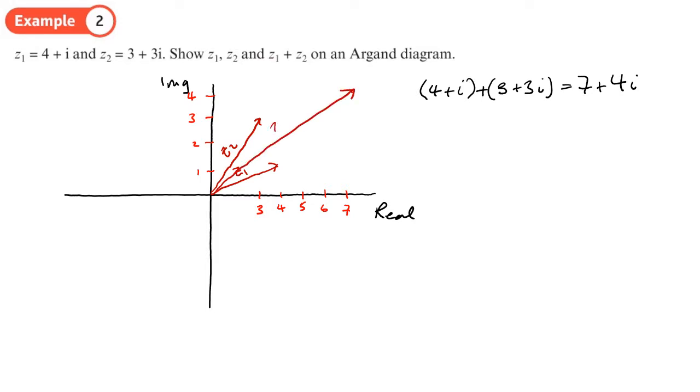So this is Z1 plus Z2. So you can see geometrically what happens when you add two complex numbers. It's basically like Z1 plus Z2 is the diagonal of this parallelogram here. So that's a geometric way of interpreting what Z1 plus Z2 is.